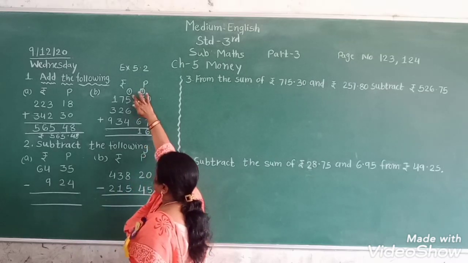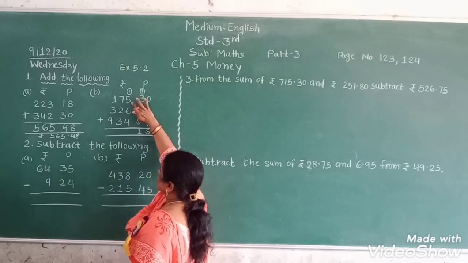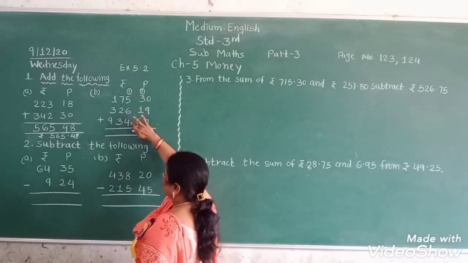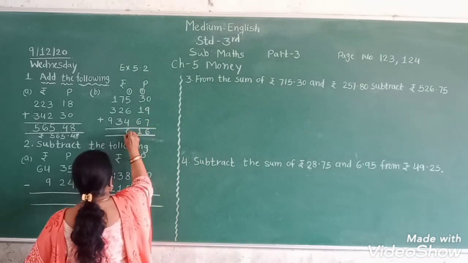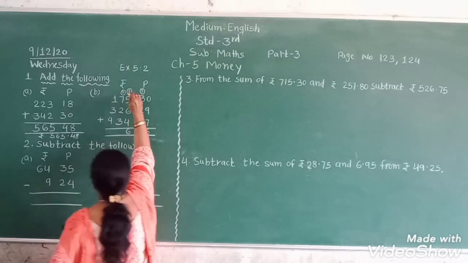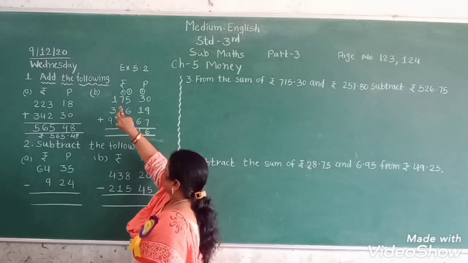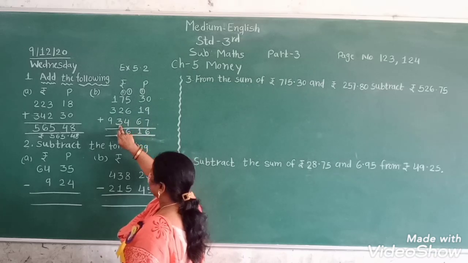Now, next is 1 and 5, 6, 6 and 6, 12, 12 and 4, 16, 6 write downside, 1 carry over. Now, 7 and 1, 8, 8 into 10, 10, 3, 30.